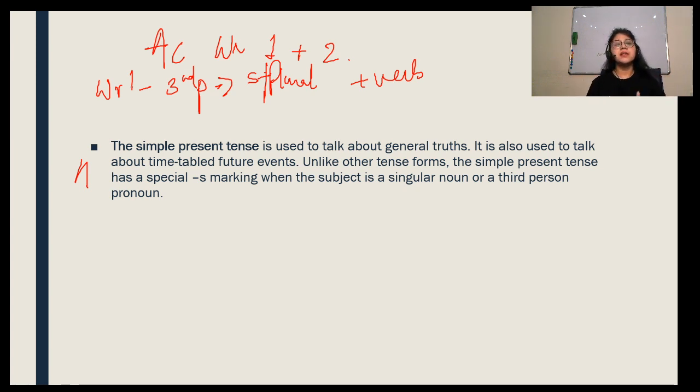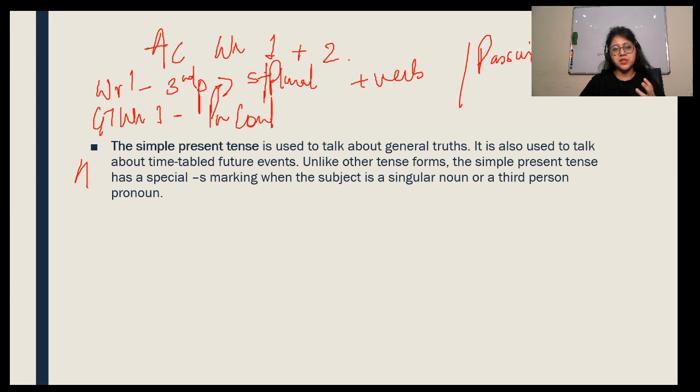Now remember, the other grammatical aspect which is equally important for writing task 2 is the passive voice, and also writing task 1 for processes. So it's very, very important that your ability to understand tenses and passive voice should be very, very strong. For writing task 1 general training, generally it starts with present continuous.